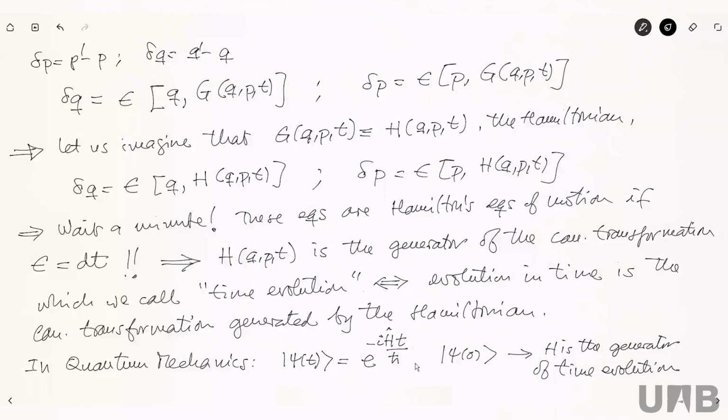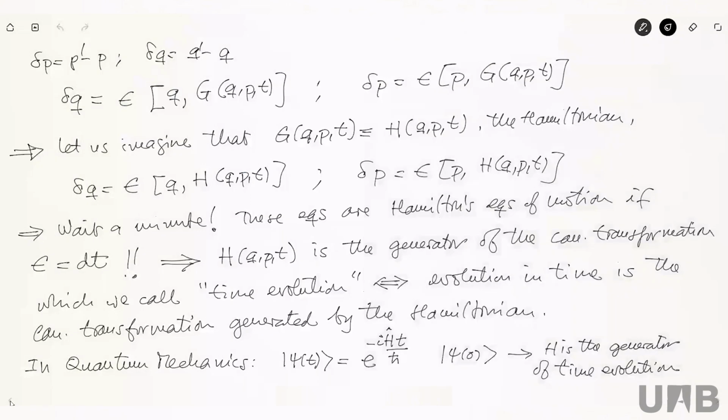So now we see that the Hamiltonian is the generator of time evolution. But we also see another thing, right? Because we know that time evolution is something that we can integrate from a small infinitesimal time evolution into a finite time evolution. If we write down differential equations, imagine that this epsilon here is dt.